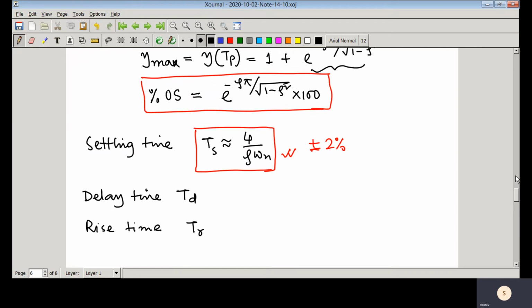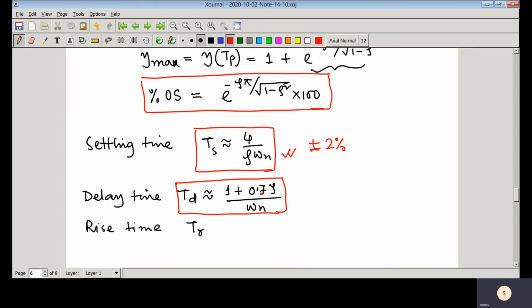One relationship is as follows: the delay time is nearly equal to (1 plus 0.7 zeta) divided by omega n. Of course, this particular relationship holds only when zeta is varied in some particular range, whenever zeta varies from 0 to 0.9.